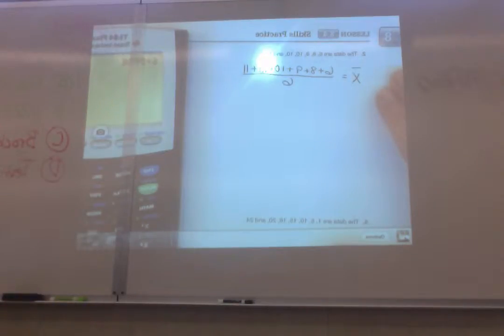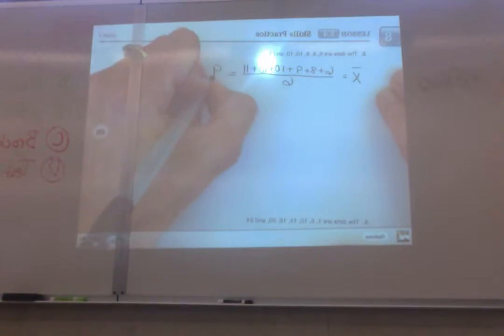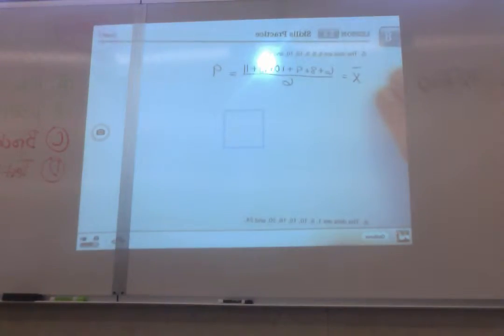And I am not interpreting that don't use a calculator to mean I can't use a calculator for this. I add those numbers up, I get 54, divide by 6, and I get 9 for the mean. That's going to be an important number in finding standard deviation.